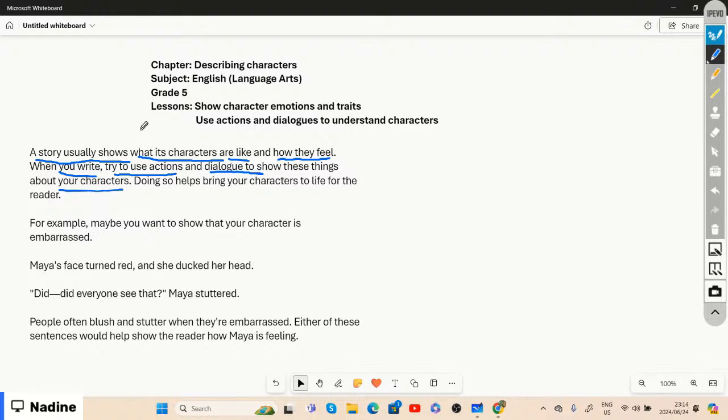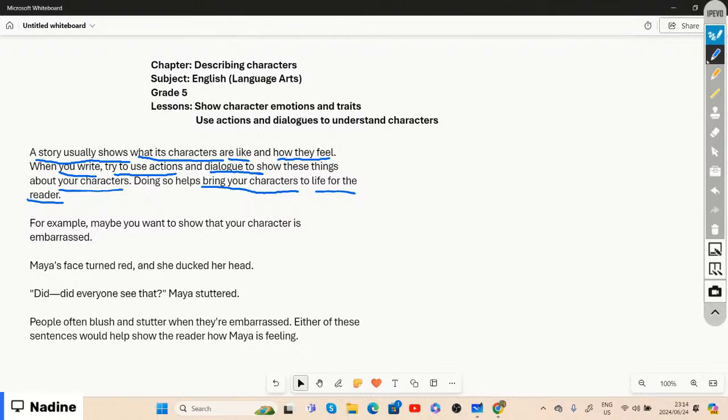So when you write and you try to use action and dialogue to show things about your character, then it means that you are bringing your character to life for the reader, right? We won't even realize that it is, for example, trees talking or cars talking, right? Because of the action and the dialogue between the characters, that makes it seem as if there is literal life between those characters.